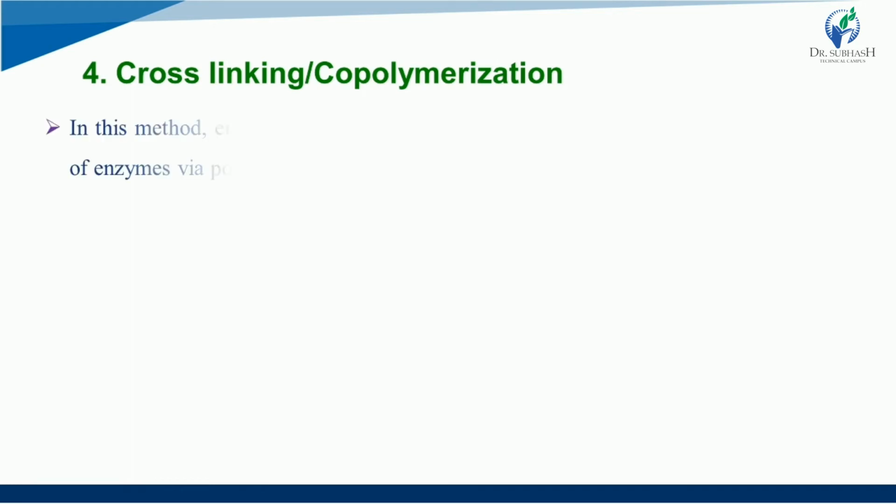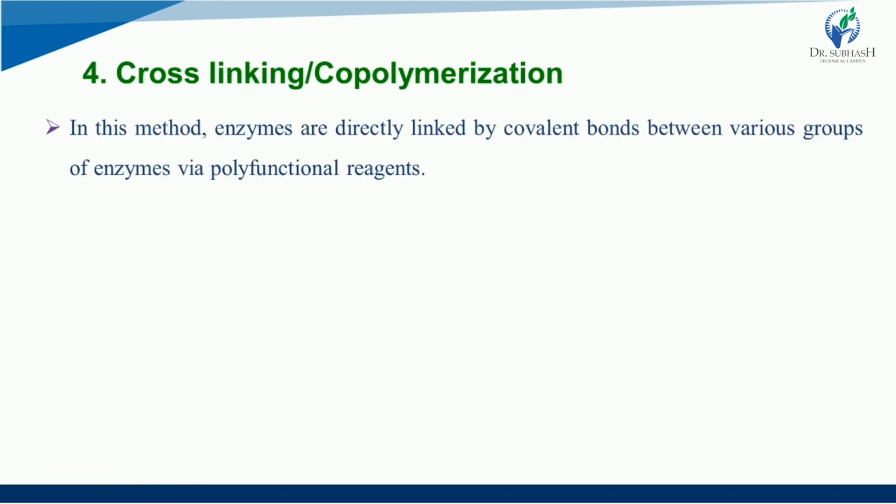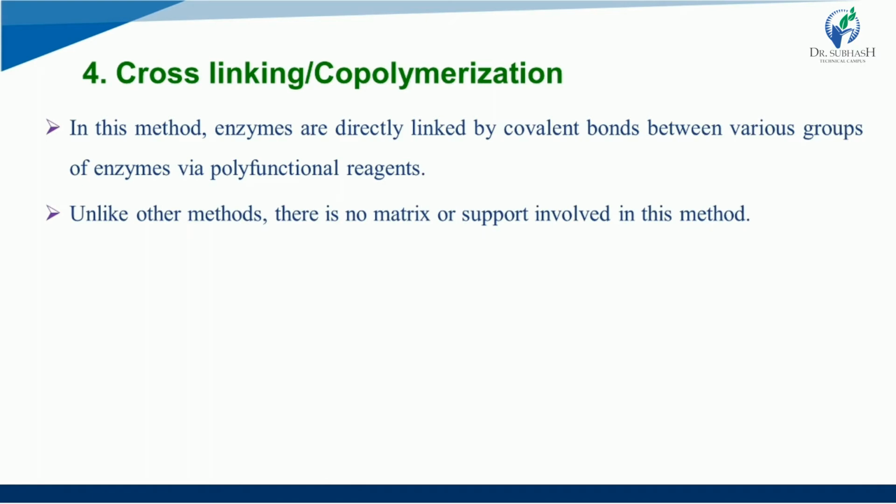In this method, enzymes are directly linked by covalent bonds between various groups of enzymes via polyfunctional reagents. Unlike other methods, there is no matrix or support involved in this method. This is an exceptional case, so you need to remember this.